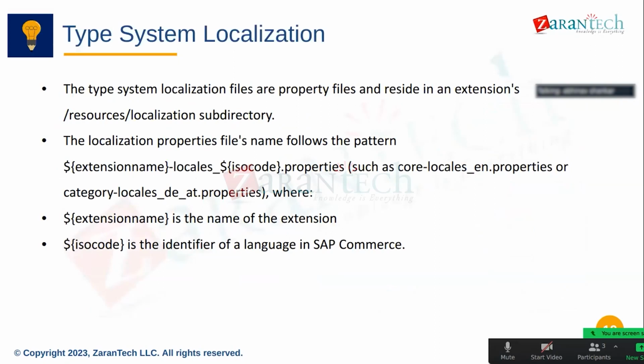Yes. As I told you, when we put the localization in our item.xml, there must be some properties file, local underscore EN. Like I explained to you yesterday also, the same. When we go to the code base, then you will understand more.